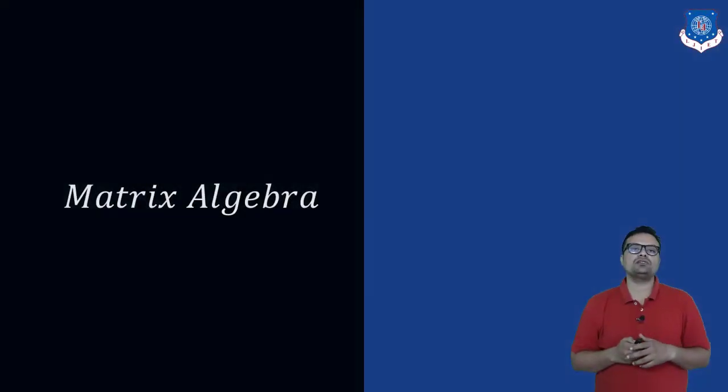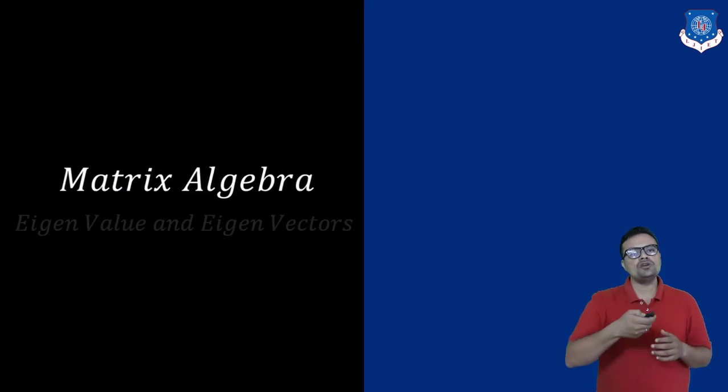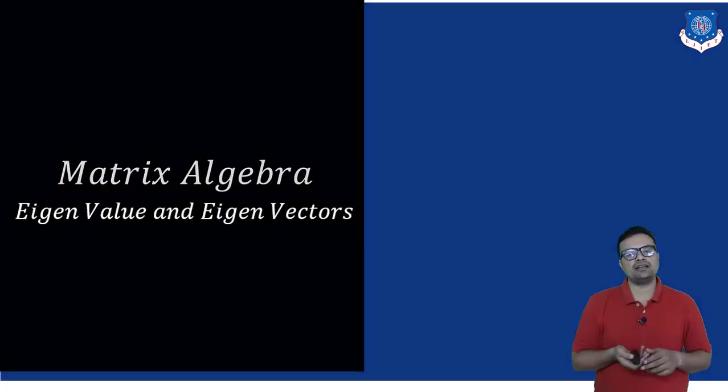This is one of the most useful properties of matrix algebra, known as eigenvalue and eigenvector. So today in this talk I will give you techniques to find eigenvalues of the matrix and eigenvectors of the matrix also. So let us start this part of matrix algebra known as eigenvalues and eigenvectors.